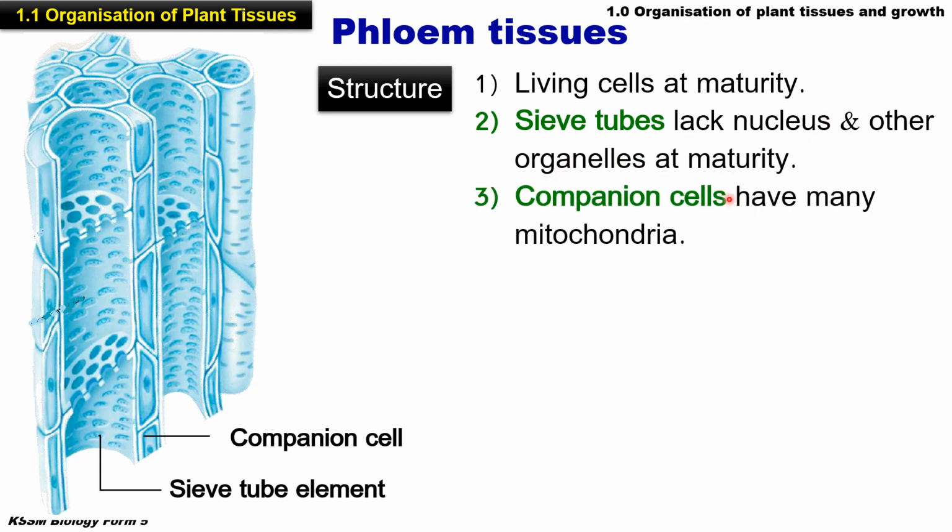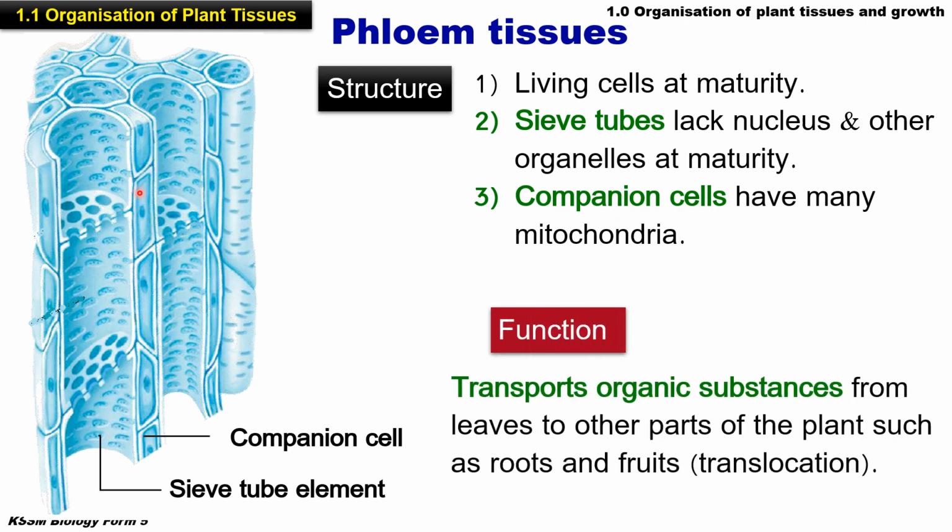Okay, and dia ada best friend. Siapa nama best friend dia? Best friend dia ialah companion cell. So sebelah dia tadi. Okay, so yang tadi you lukiskan ada sebelah tu macam sel macam ni. So this is the companion cell. And then the function to transport organic substance.